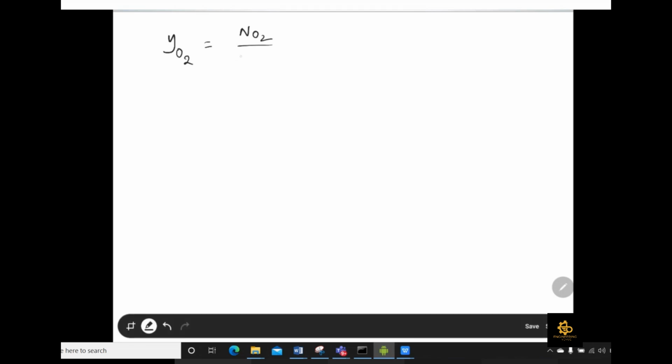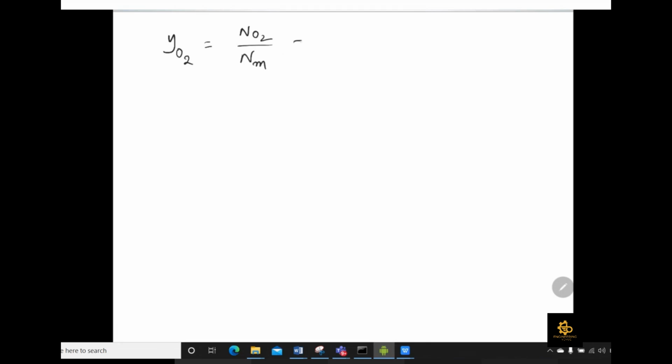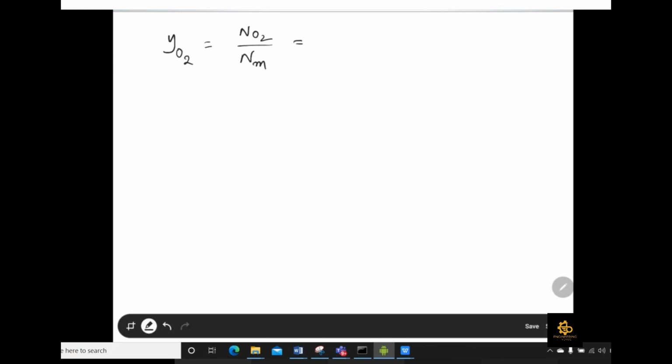So now by using the relation yi is equal to ni over nm, we can easily find the mole fraction of all the individual components. For example, we have to find the mole fraction for O2, which is equal to the mole number of O2 over the number of moles of the mixture, which we already found in the previous slide.